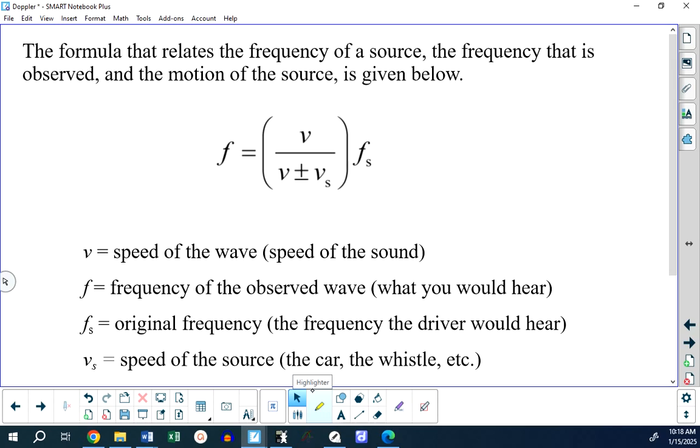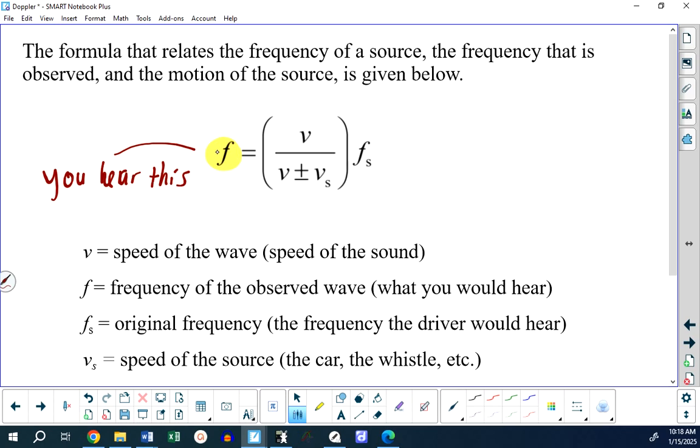So this is what you hear. Well, I want to be careful here. This is what you hear if you're the observer. If you're the engineer on the train, well, that is what you hear as well, but we'll get to that.